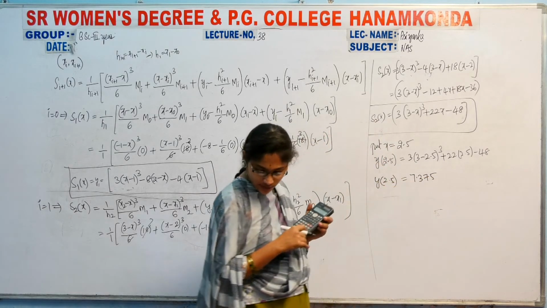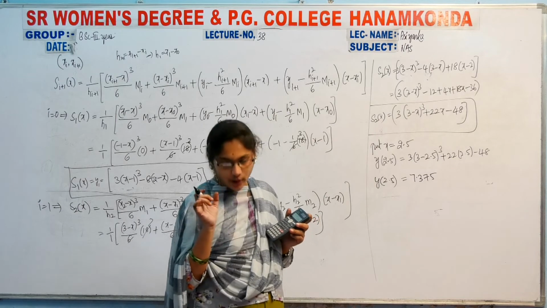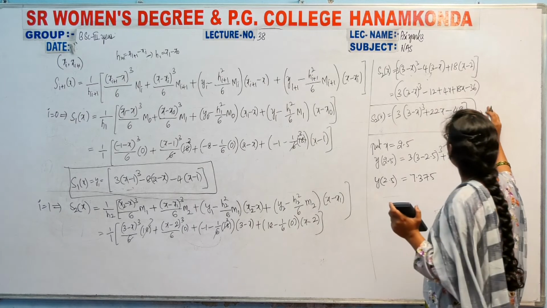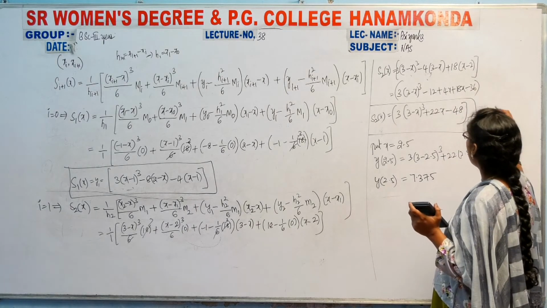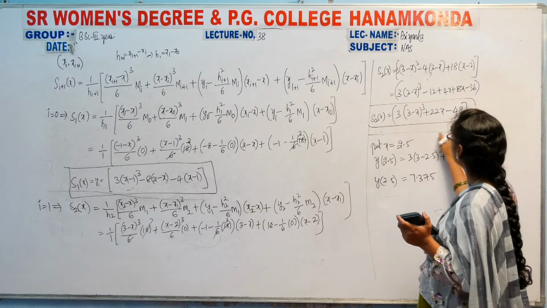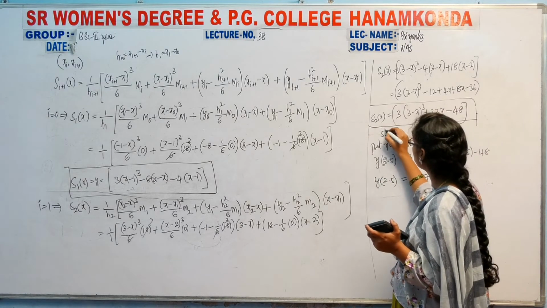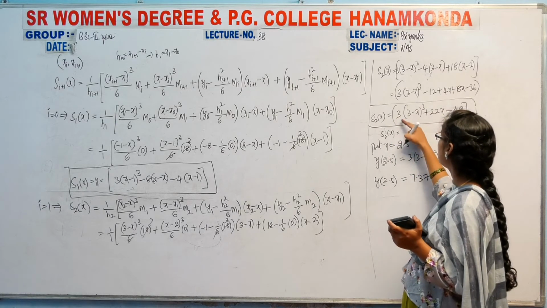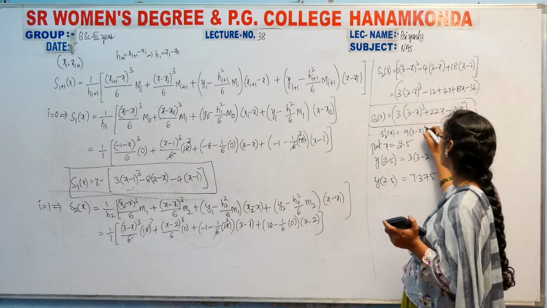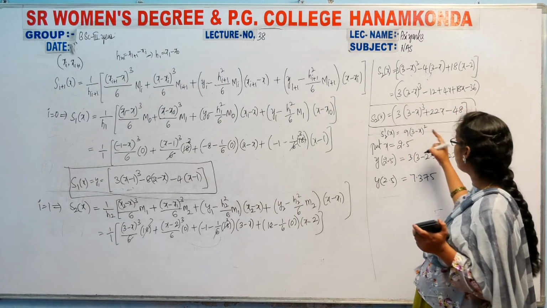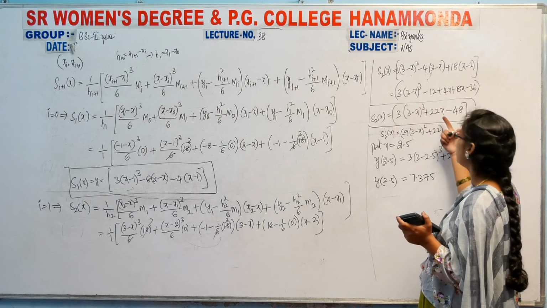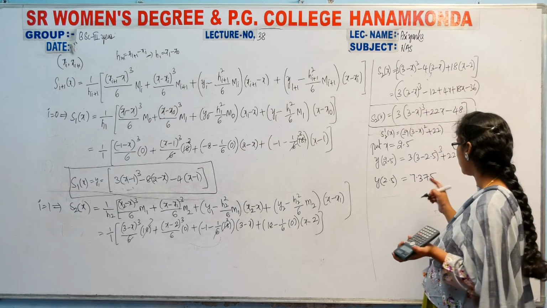Next what they ask now, y dash of 2.5. So same thing, I am taking this one. So here what is the S2 dash? This is S2, we have to find the derivative. So S2 dash of x is nothing but 3 will be same, 3 threes are 9 of (3 minus x) whole square into inner function derivative, which is minus 1. So minus 9 of (3 minus x) whole square plus 22. Then derivative with respect to x, you know. That's it.